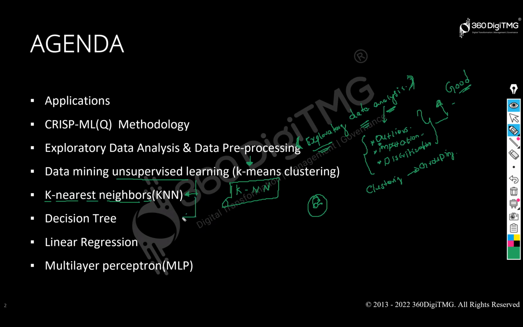Then we have decision tree. Decision tree will be a tree-like structure. Decision tree will form rules. A lot of patterns will be formed, and among those patterns, which pattern is the best?